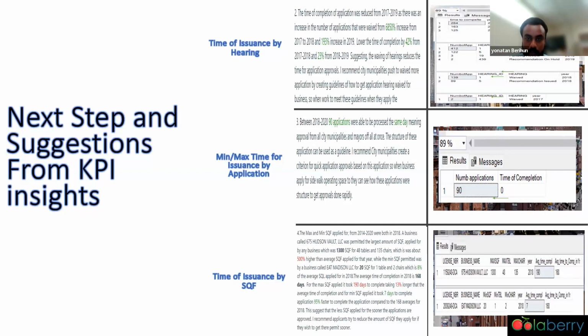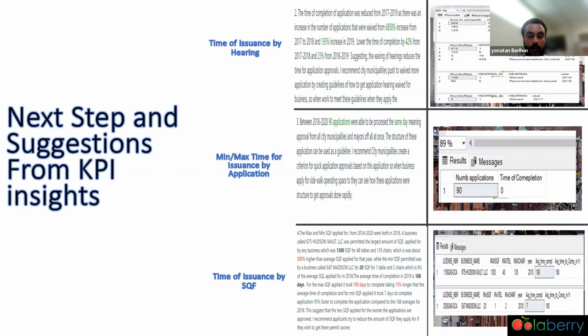And if you look at the screenshot at the top right, you'll be able to see that the time of completion started to go down year after year from 2017 down to 2019. So these applications being waived from the hearing process did drastically improve how quickly these permits got approved.